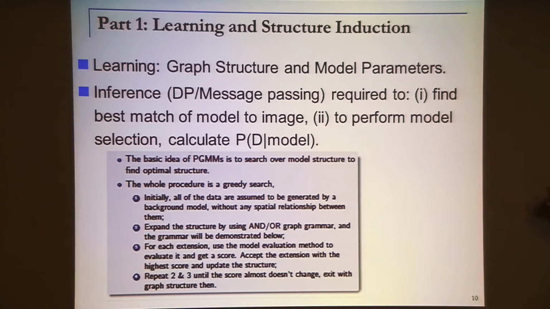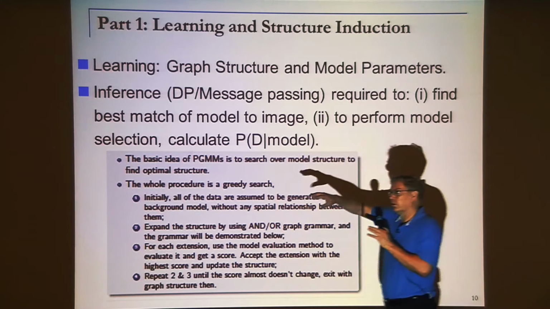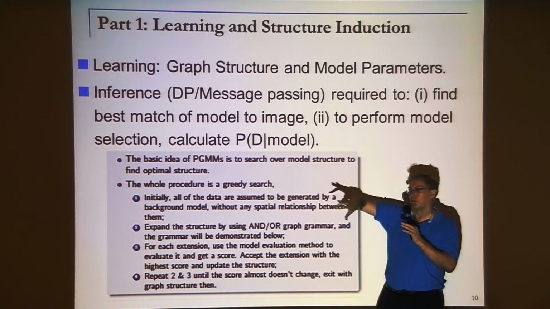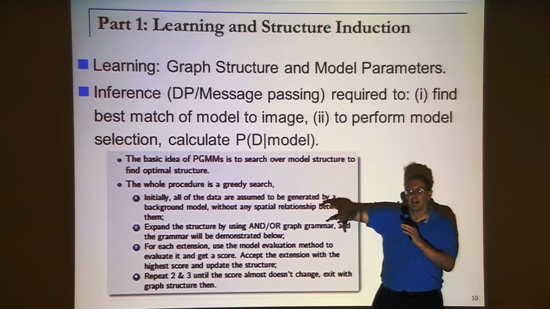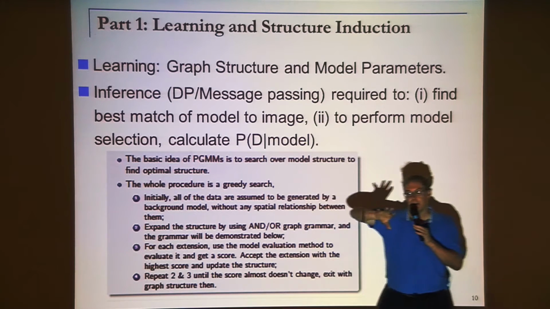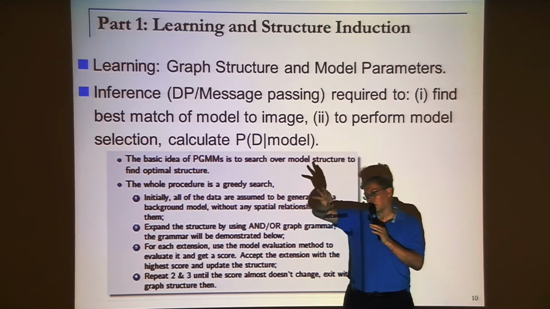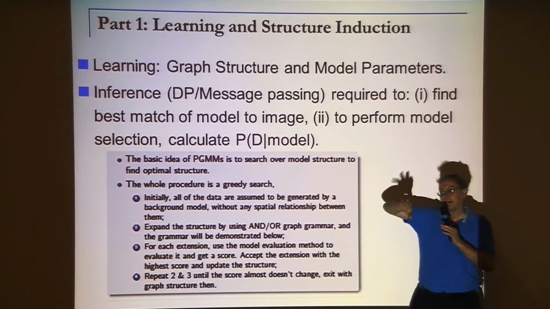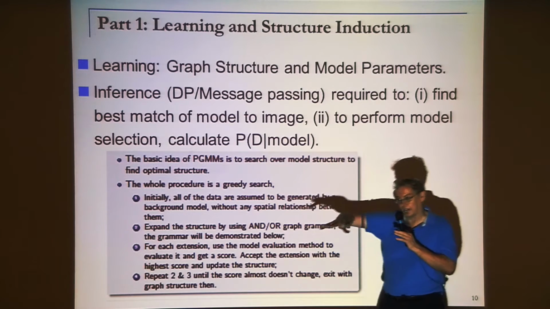During the learning, we do require a certain form of inference. So, for example, once we've got a model, even a partial model, when we're given an image, we want to know whether that model fits the image well or not. And so that becomes a matching problem between the graphical model and the image, or really more accurately, between the graphical model and the appearance points that you found in the image.